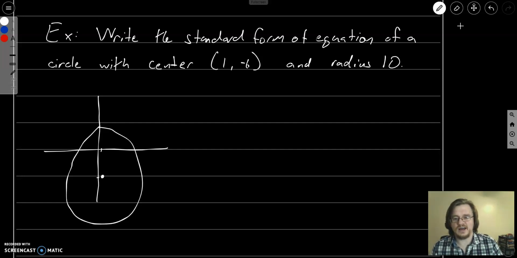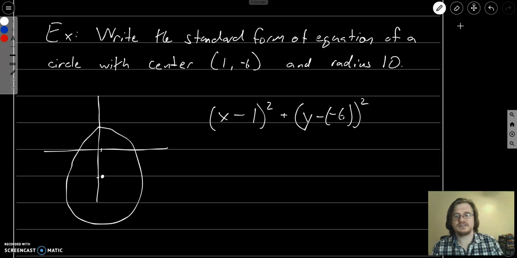So again, the formula for this is quite straightforward. We have x minus the x coordinate of the center squared plus y minus the y coordinate. So we're going to get this double negative in here. Squared is equal to our radius squared.